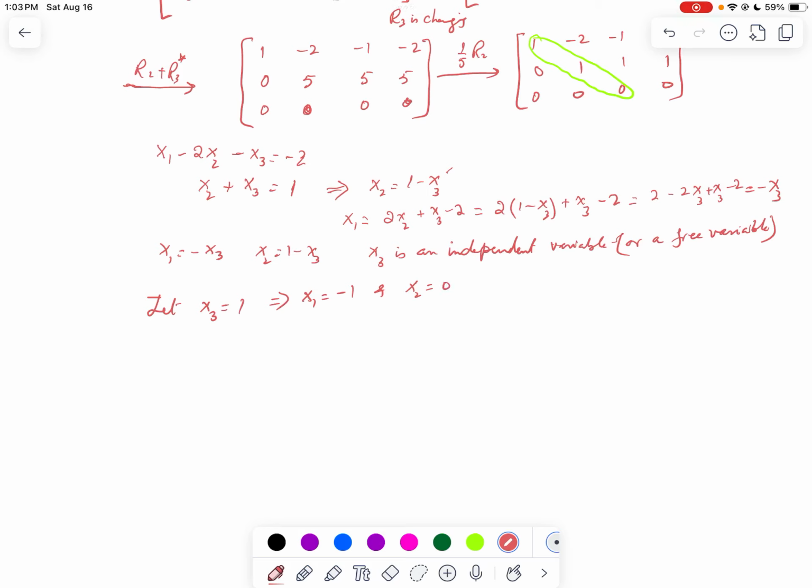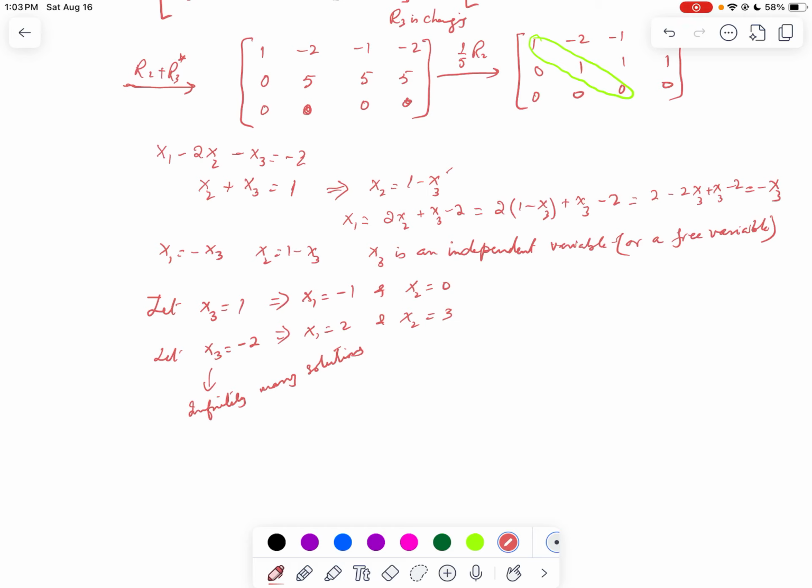If x3 is equal to negative 2, then x1 is equal to 2 and x2 is equal to 3. So you can see that for infinitely many values of x3, we are getting infinitely many solutions.